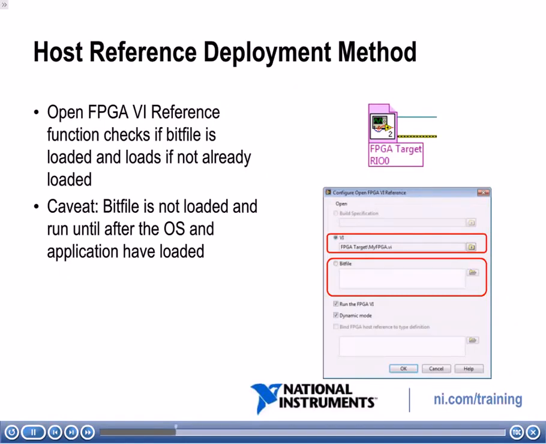Because we selected that VI, this function is going to look for the bit file that's associated with that VI, and it's going to go ahead and deploy it. One caveat about using this method is this bit file won't be loaded and running on that FPGA until after your host OS is already running, and also the host VI application that you wrote is loaded. Let's take a look at that in our next slide.